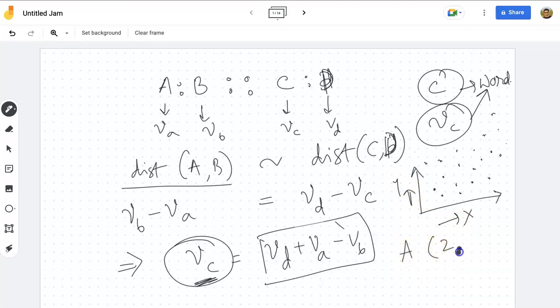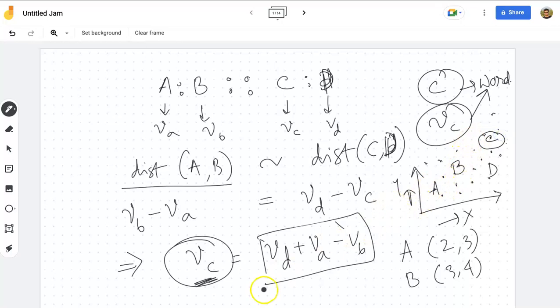Basically, suppose A is (2, 3), B may be (3, 4), something like that. Maybe A is this, B is this, D is this, and C is maybe this one. Now how do we find what C is?